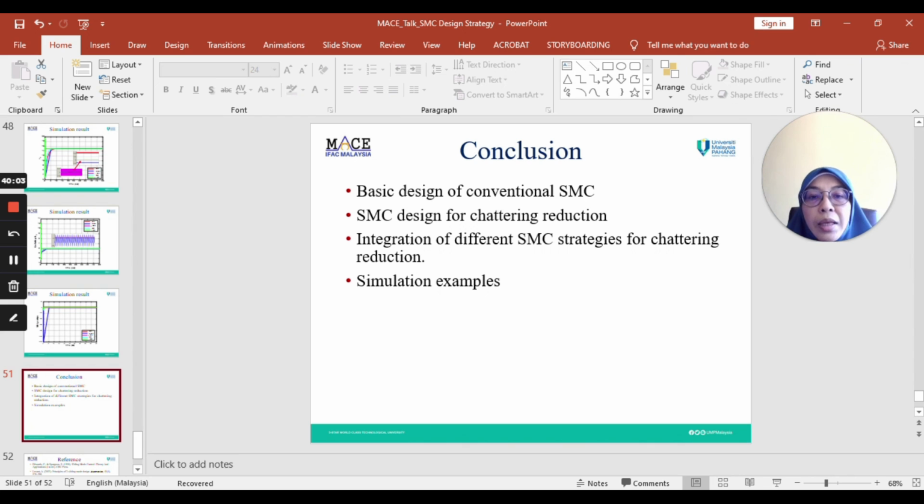Then we moved to SMC design for chattering reduction, where we use the boundary layer, ISMC, and also higher order. Finally, we see the improvement in chattering by integrating two different SMC strategies. In this sharing, I shared the integration of integral sliding mode with super twisting.